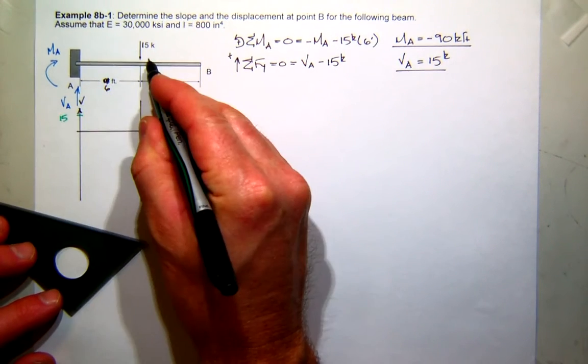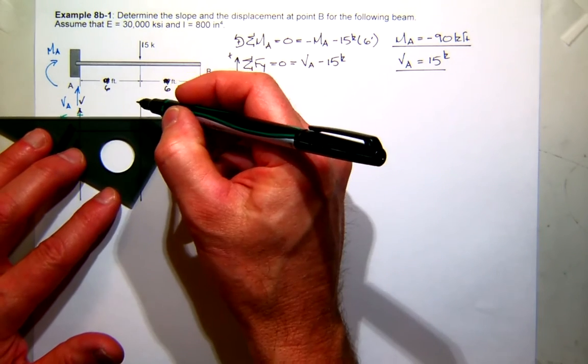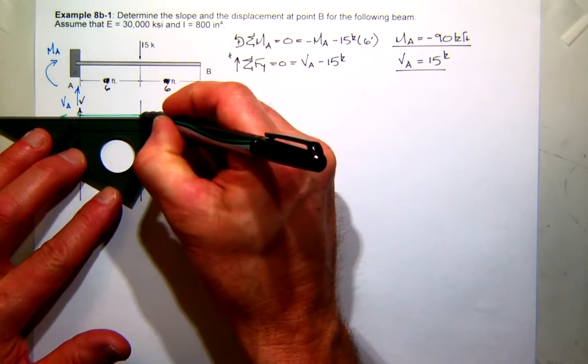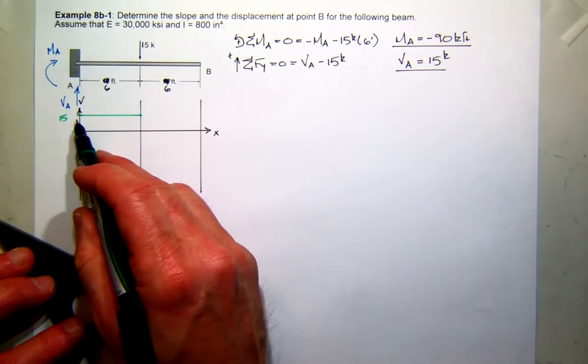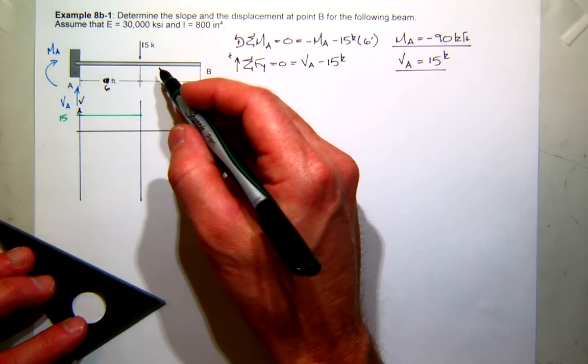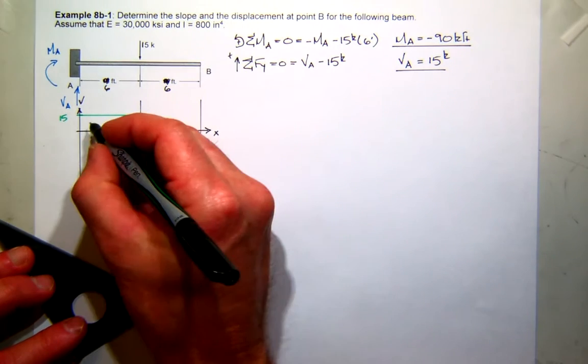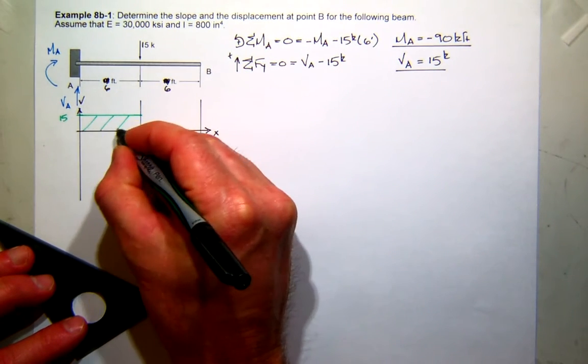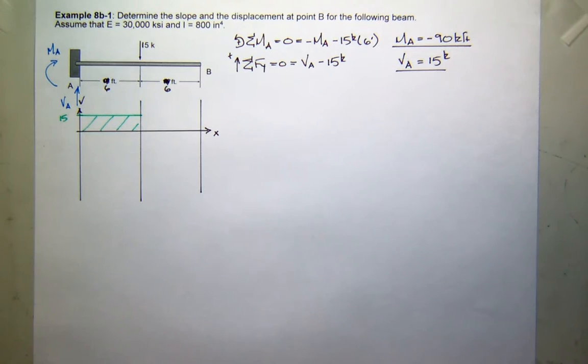There is no load, so there's no change in shear, so it stays 15. And since the value of the load is 0, the slope is 0. And then you can see it matches this value, so our shear diagram is just this kind of step function.